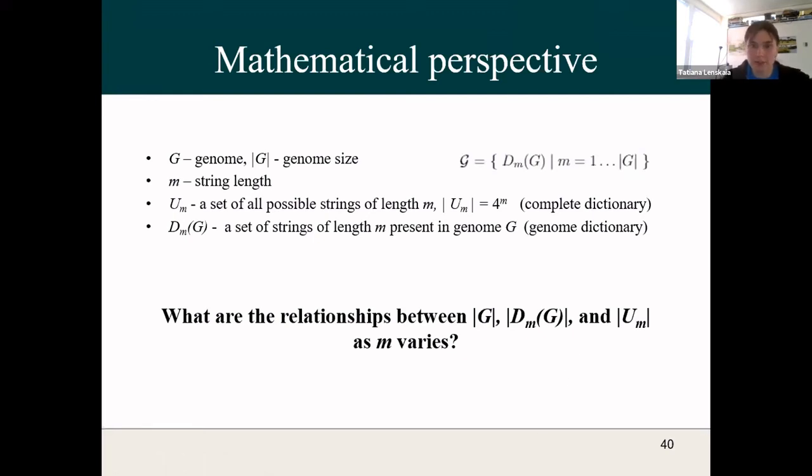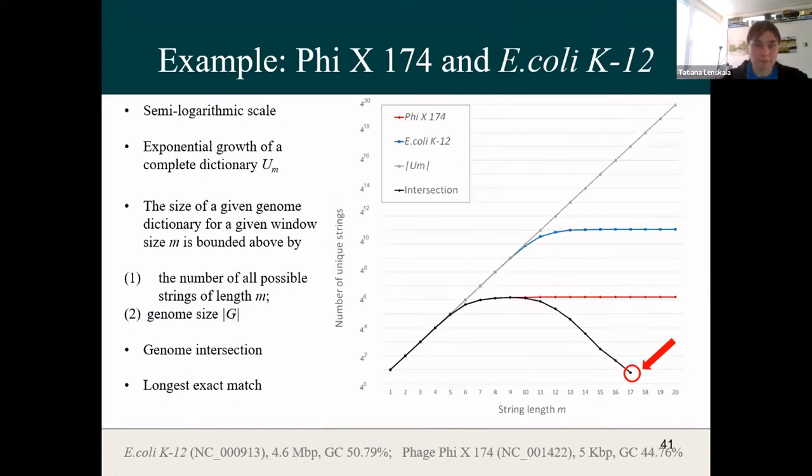Here I give you an example. It's a particular virus, phiX174, and a particular strain of bacteria, E. coli K12. On the x-axis, you see the string length, and on the y-axis is the number of unique strings that you observe in a genome if you screen it with this particular window.